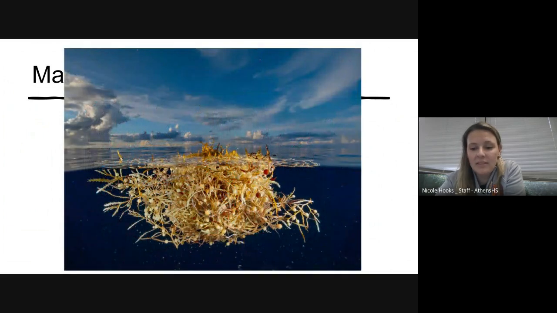This is another one. This is Sargassum. It again is brown. It has these little bulbs, but this is very small. And Sargassum is extremely important. Baby sea turtles will actually live in Sargassum on these Sargassum rafts for the first year or so of their lives, if not more. So without these, our baby sea turtles would definitely die.